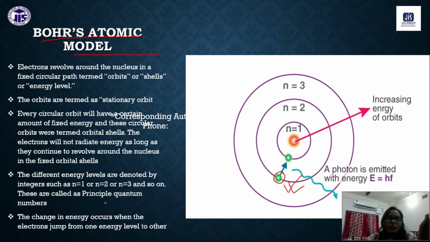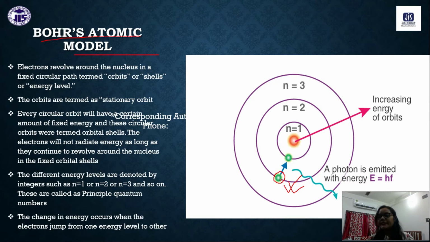According to Bohr's theory, the angular momentum of the electron in an orbit revolving on a specific track is mvr equals nh by 2 pi, and that is specific.